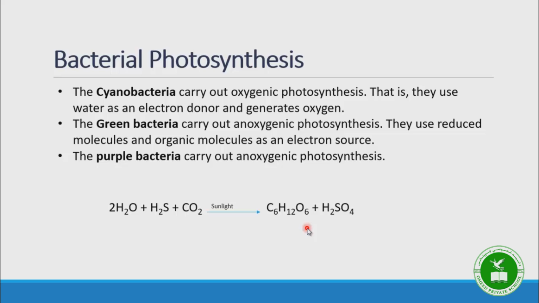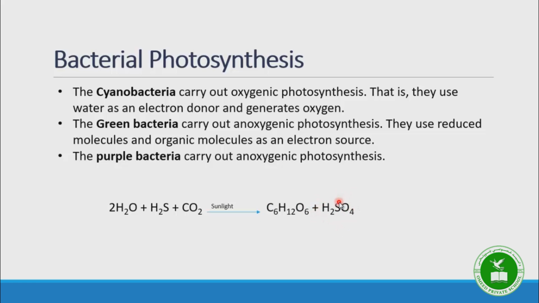The purple bacteria also carry out anoxygenic photosynthesis. Here we see that these are organic molecules or reduced molecules, and sunlight is used in this bacteria and they form glucose molecule and H2SO4.